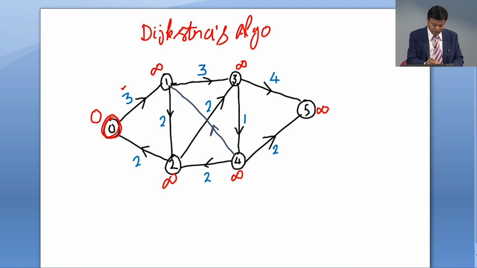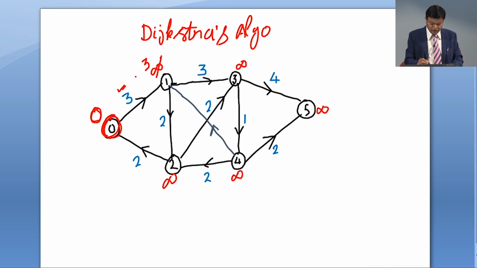If I add 3 to 0, then the distance of node 1 becomes 3. Since 3 is smaller than infinite, we will replace infinite by 3.